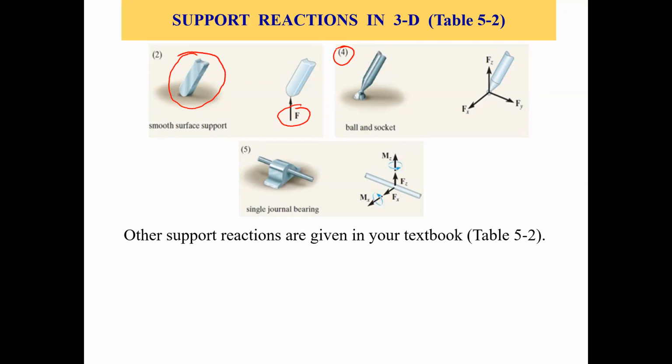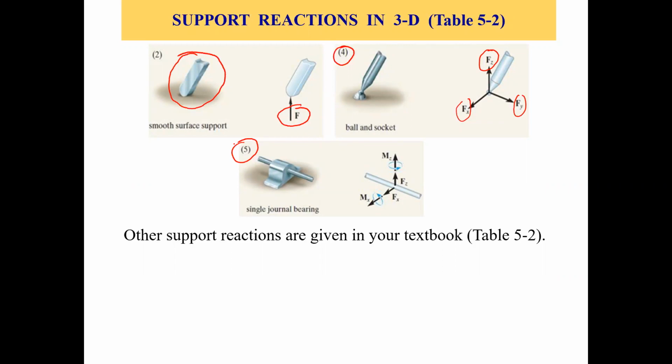So that's why we have all three support reactions, that is Fx, Fy, and Fz. So we have restriction in move in all three directions, and that's why we have support reactions in all three directions, right? Okay, now let's have a look at this number 5, which is a single journal bearing, right?